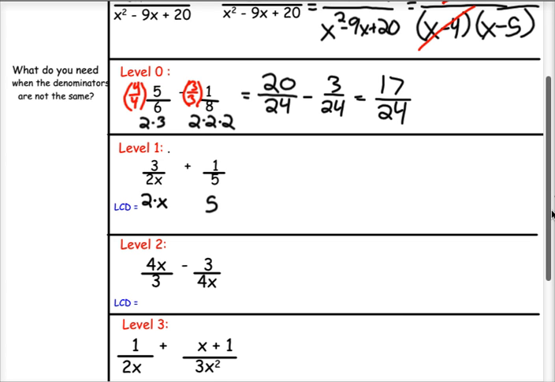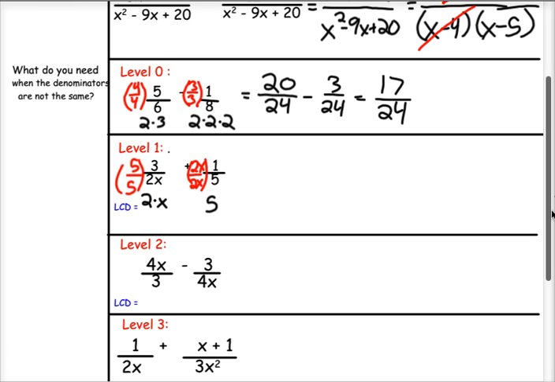So what is the 2x missing? Well, the 2x is missing 5. And what is the 5 missing? Well, the 5 is missing 2x. So I'm going to multiply by top and bottom of whatever it is missing, because by doing that, that is going to give me a common denominator.